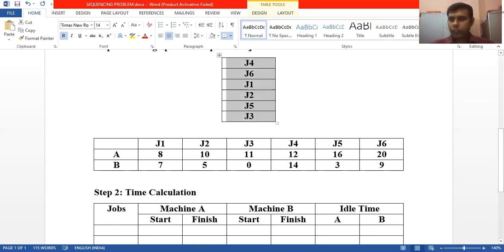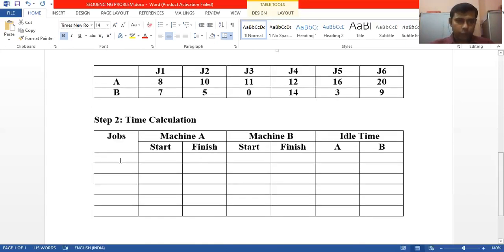Now, this is our optimum sequence, right? So our jobs have to be in this sequence only. Now, see, every process starts with 0. So the first element in the first machine's start part has to be 0.